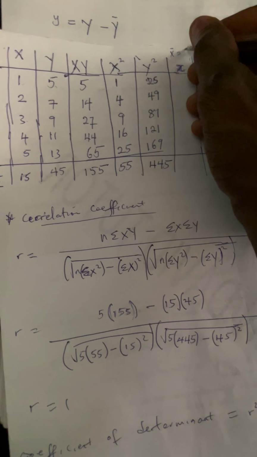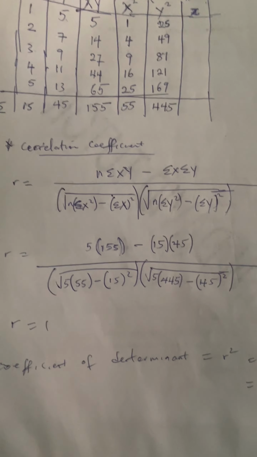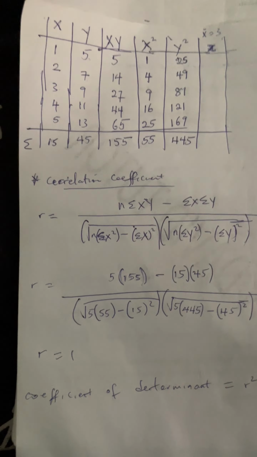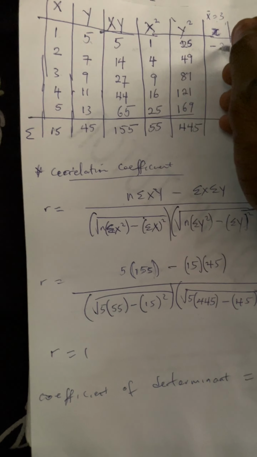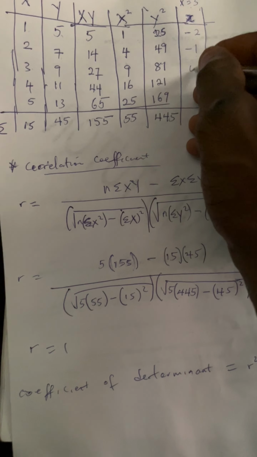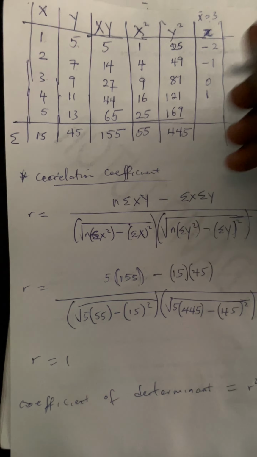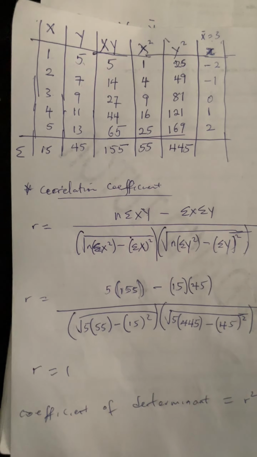We got x bar here to be 3. Now you'll be subtracting this x bar from this x. That means this place we have 1 minus 3 here to be minus 2. We have 2 minus 3 here to be minus 1. We have 3 minus 3 to be 0. We have 4 minus 3 to be 1. And we have 5 minus 3 to be 2.